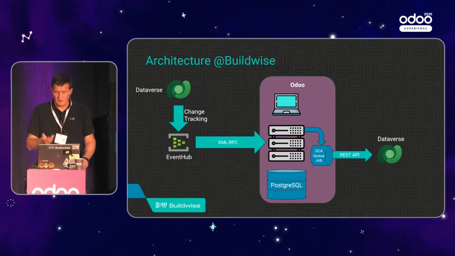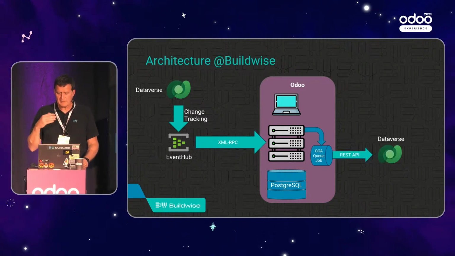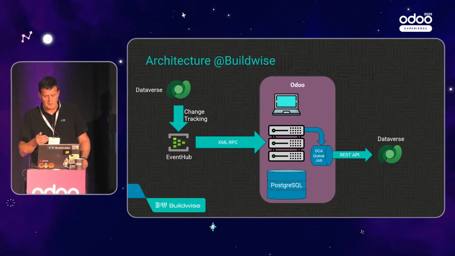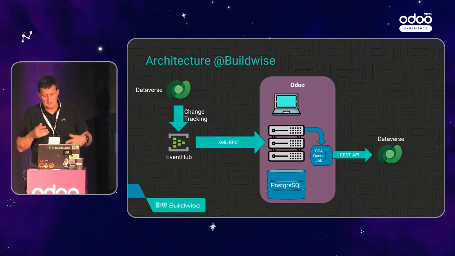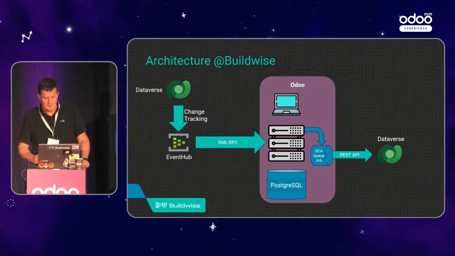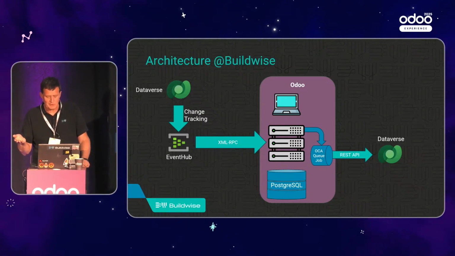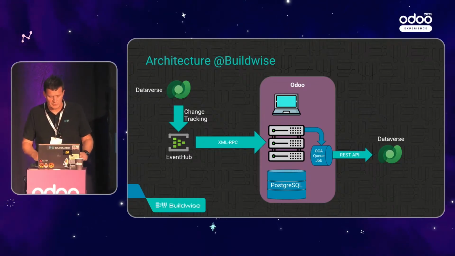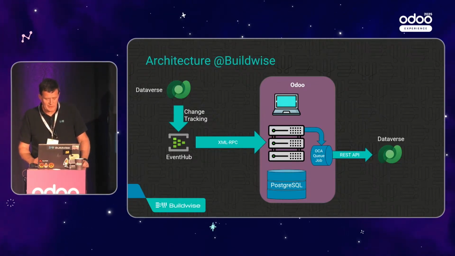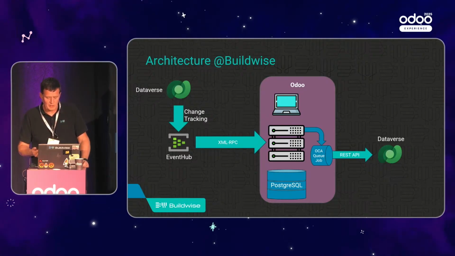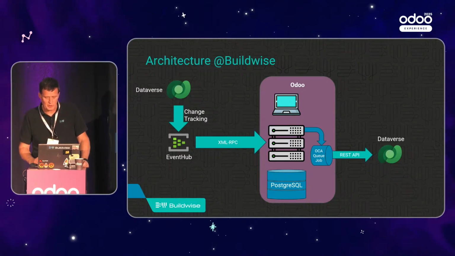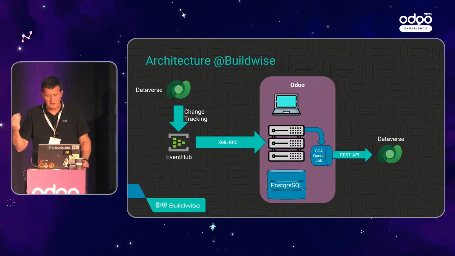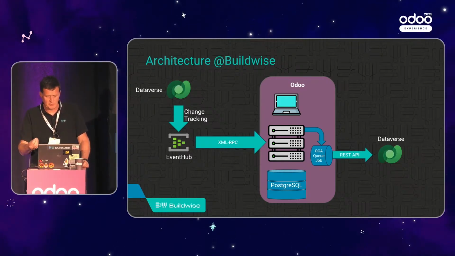And then Odoo is also sending information to Dataverse. By doing so, we see that the best is to use a push mechanism, but if Dataverse is not responding, then we get an error, and we have to find a way to handle these errors. So what we did, we used an OCA component called queue job, and when we get an event that we have to send to Dataverse, we create a job.